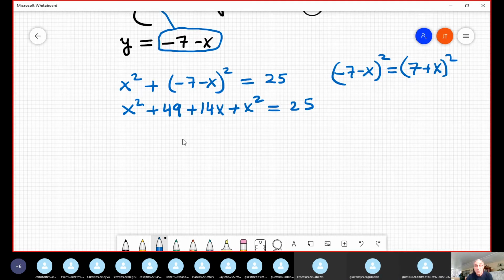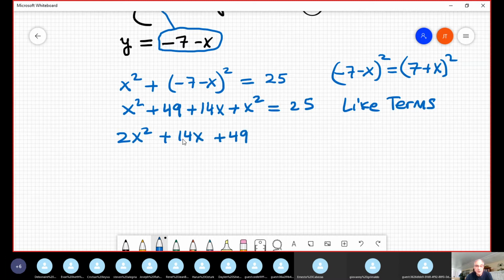Now we combine like terms. x squared and x squared together is 2x squared, plus 14x, plus 49 minus 25 equal to 0, because I realize it looks like a quadratic equation. And 49 minus 25 is 24, so 2x squared plus 14x plus 24 equal to 0.